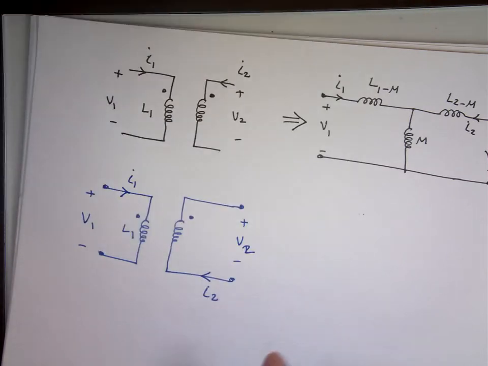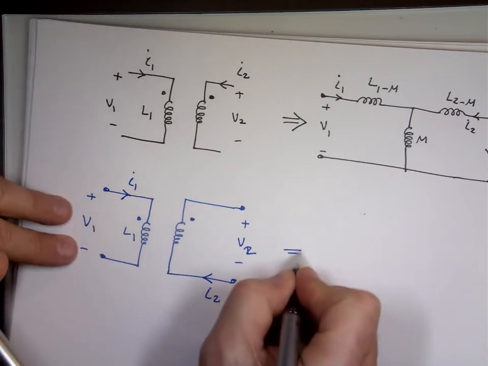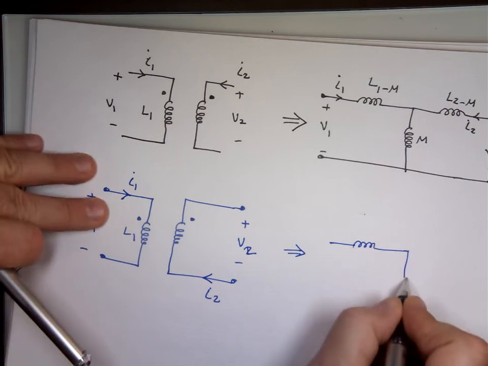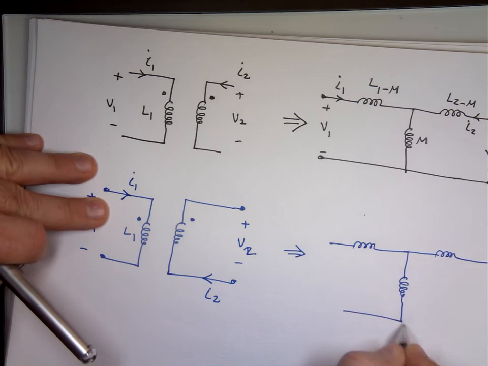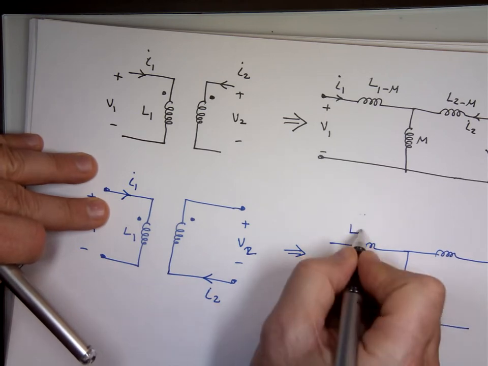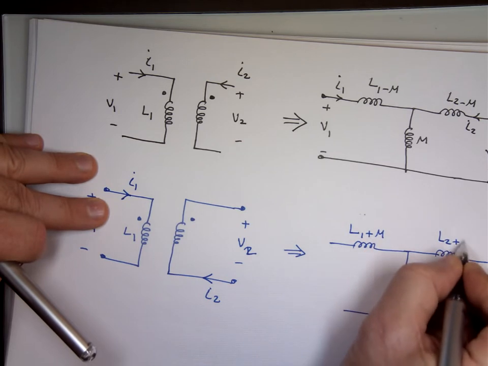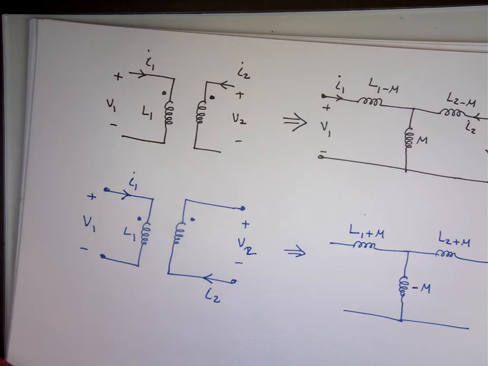So the equivalent of that will be: this will be L1 plus M, this is L2 plus M, and this will be negative M. That's the equivalent.